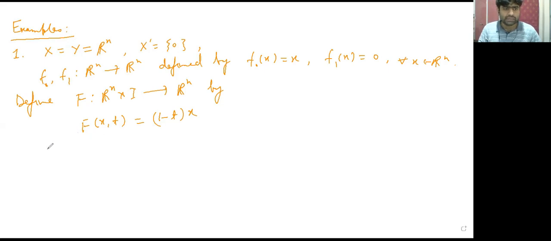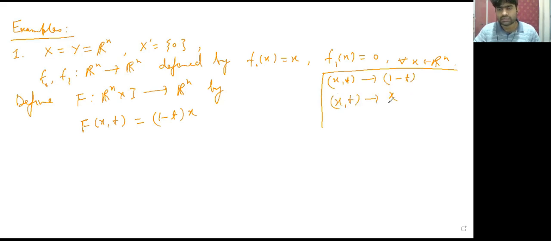So you can verify that this capital F is a continuous function, that is, a map from here to R^n, because you can consider two maps. One takes (x, t) to 1 minus t, and another takes (x, t) to x.